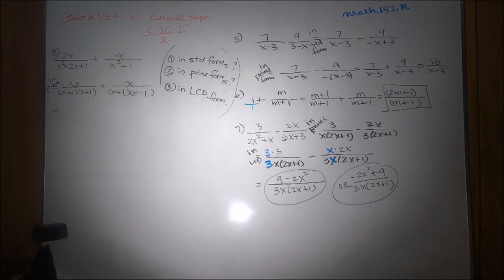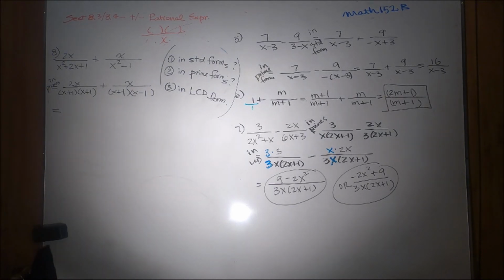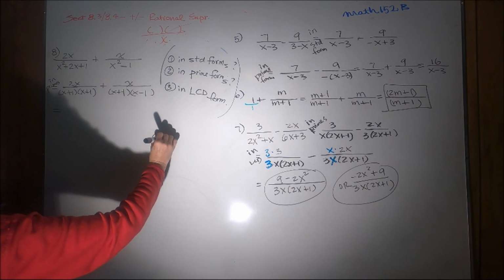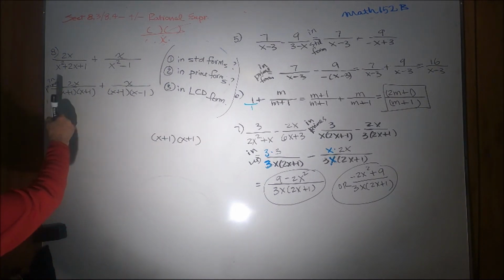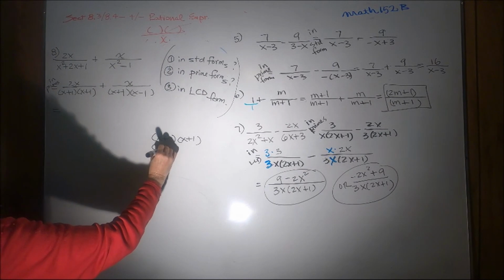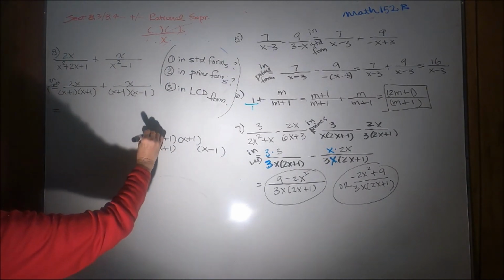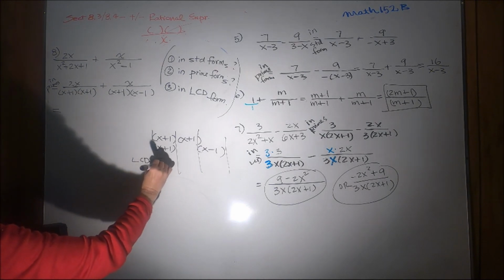Then next one, we are going to write in LCD form. So for the LCD, for x plus 1 and x plus 1, right? For the first one, next one will be x plus 1 and x minus 1. So for the LCD, that would be what?